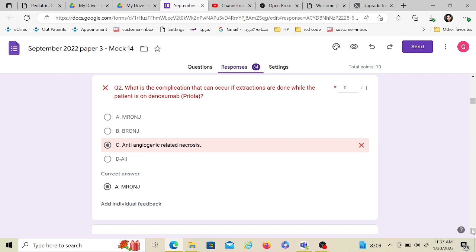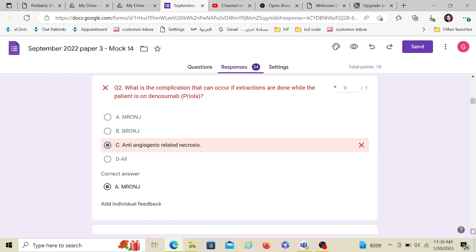Now, what happens in extraction? After extraction, the bone needs to remodel. Some resorption happens, some healing happens. Bone resorption in that particular site becomes important because it is a combination of both the healing and resorption that results in a healthy formation of the woven bone in the extraction socket area. Now, if the bone is not getting resorbed at all, sometimes the area fails to heal properly, and that is what results in osteonecrosis of the jaw.